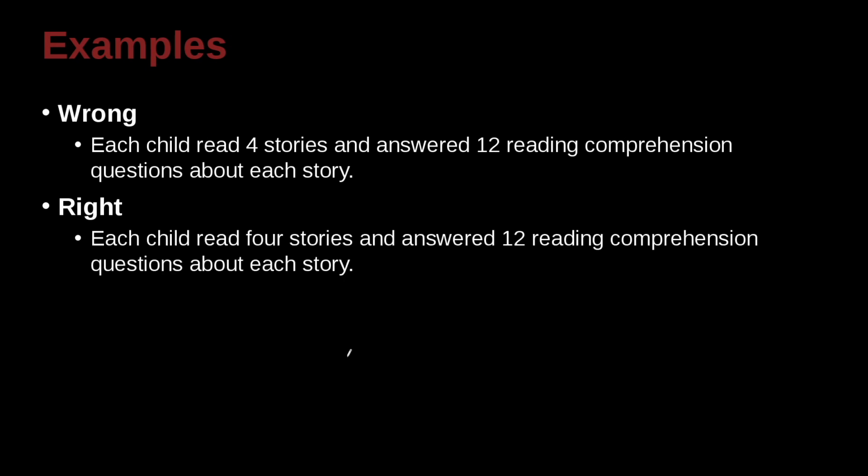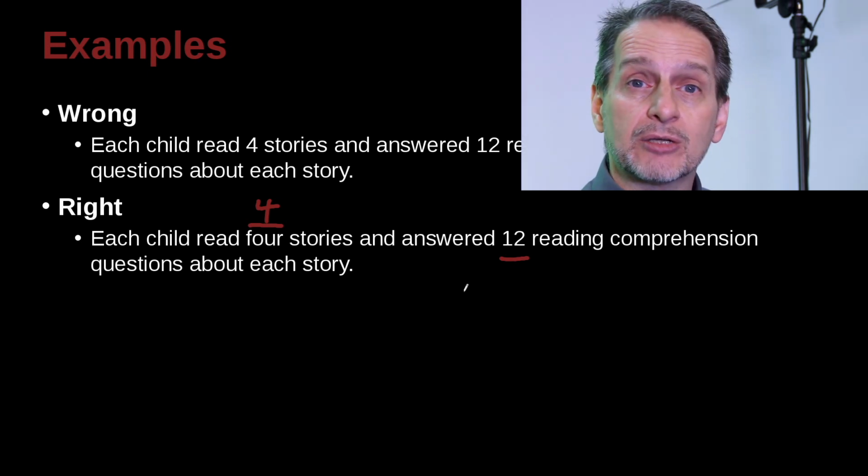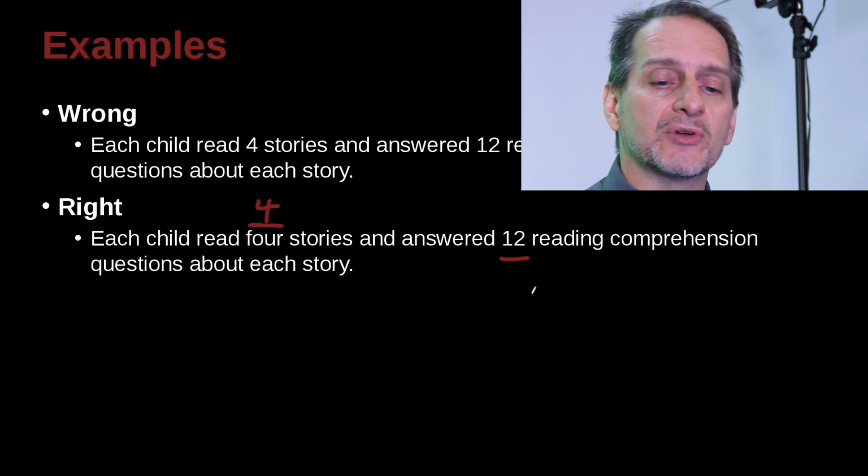Each child read four stories and answered 12 reading comprehension questions about each story. Now in this case, this may look like, wait a minute, shouldn't we write 4 here? Because again, we have multiple numbers in one sentence. So shouldn't we be comparing these? Isn't this like a comparison or a series of numbers?